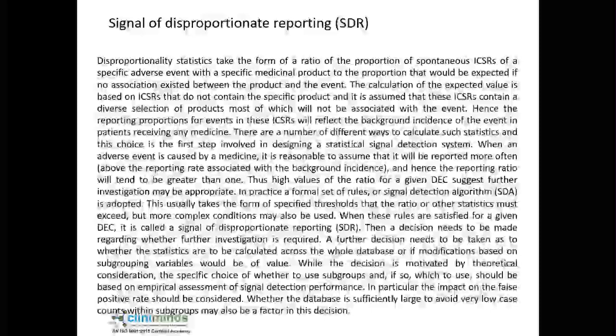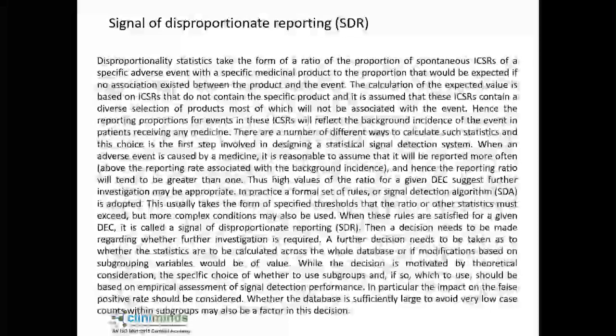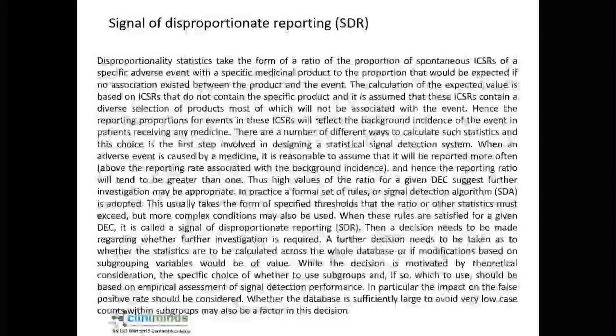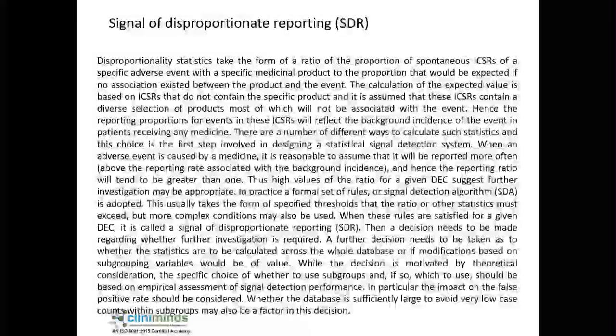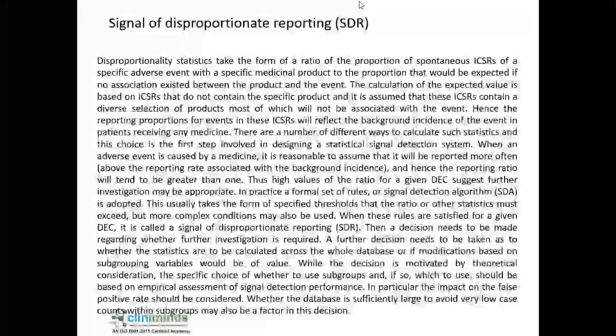This usually takes the form of a specified threshold that the ratio or other statistics must exceed. When these rules are satisfied, that the reporting ratio is greater than 1, then that is called a signal of disproportionate reporting.